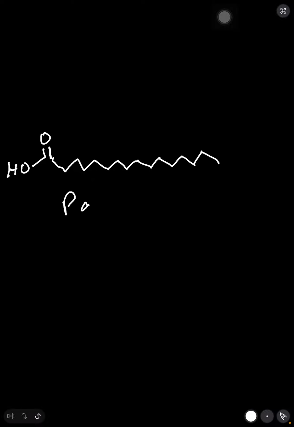I'm going to draw the 16 carbon unsaturated fatty acid. So that's 1, 2, 3, 4, 5, 6, 7, 8, 9, 10, 11, 12, 13, 14, 15, 16. Okay. So this is palmitic acid. It's got 16 carbons and no double bonds, right?